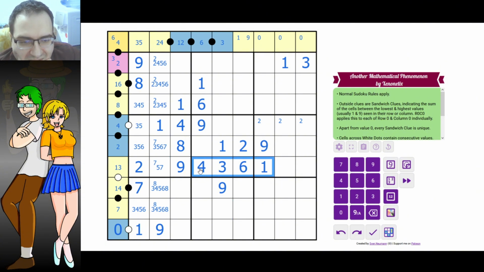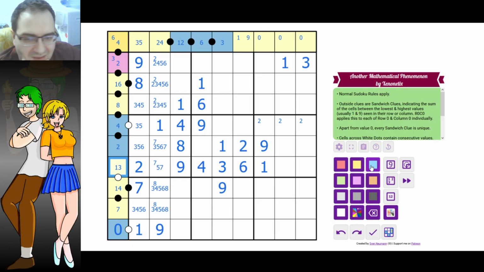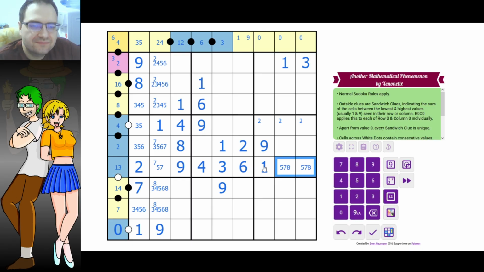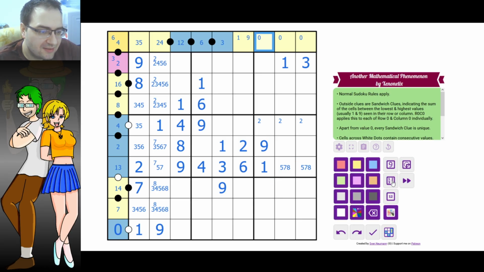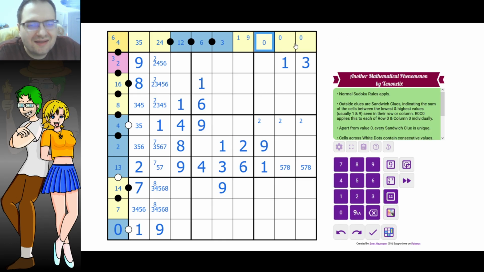Okay, so we have that, right? That's 13. It's done. So this is 5, 7, and 8. Oh, that's a 0. That is a real 0. I mean, but it says if there are multiple zeros. Well, here's the thing.